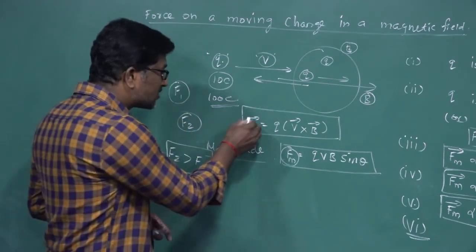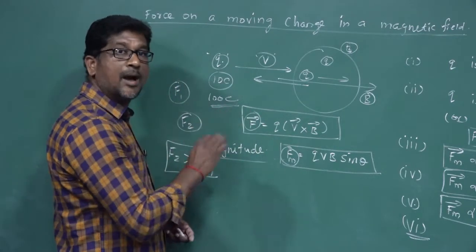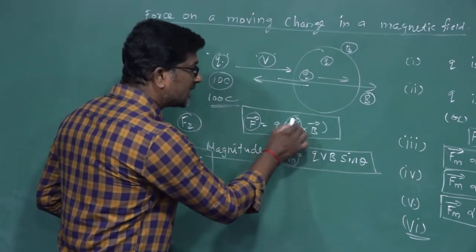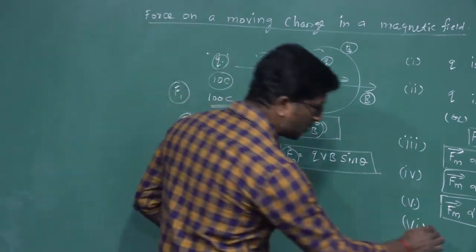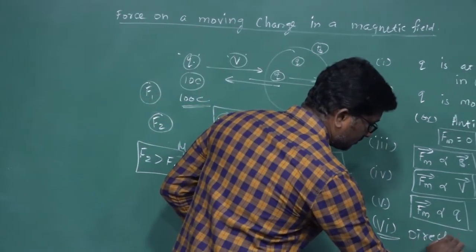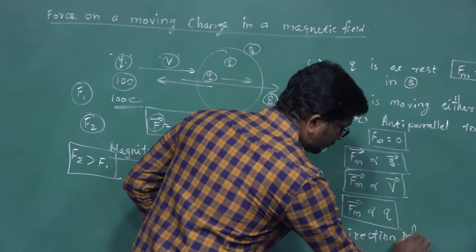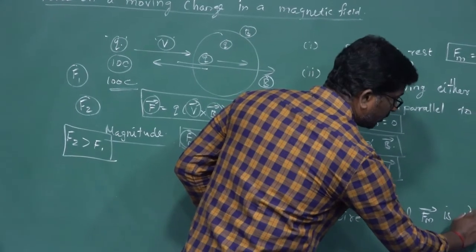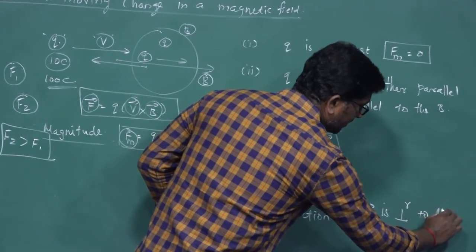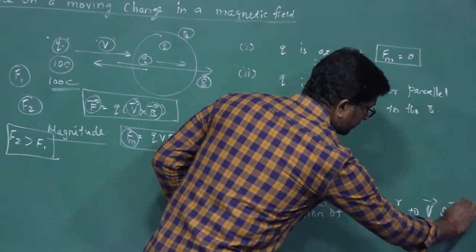The direction of a magnetic force is perpendicular to v vector and B vector. The direction of Fm vector is perpendicular to v vector and B vector.